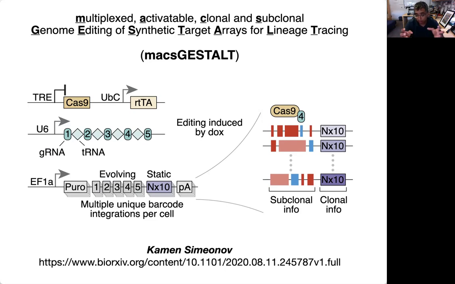lineally mark a bunch of cells, inject those into a mouse and allow them to develop into tumors, and then be able to trace back not only to that founding cell of origin, but also to the diversification or subclonal information that had occurred as the progression occurred in the mouse.